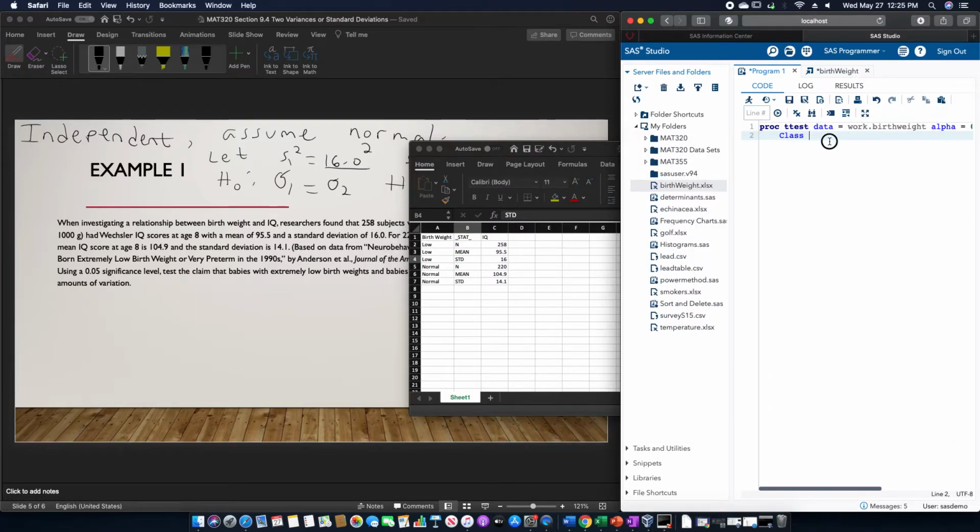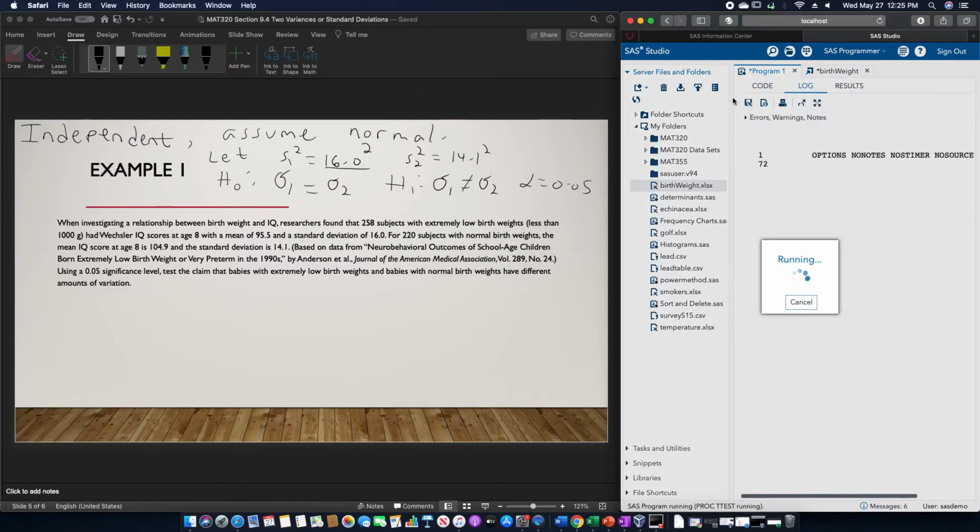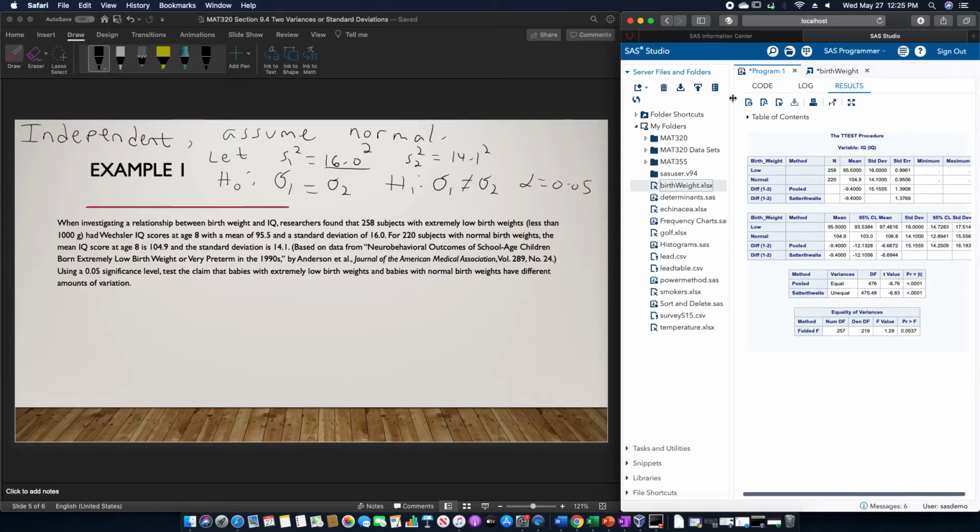So birth weight is the class, and the variable is IQ. And then we're going to run this. Let me first get rid of this, and we're going to run this. And then after a while, it brings itself up here.